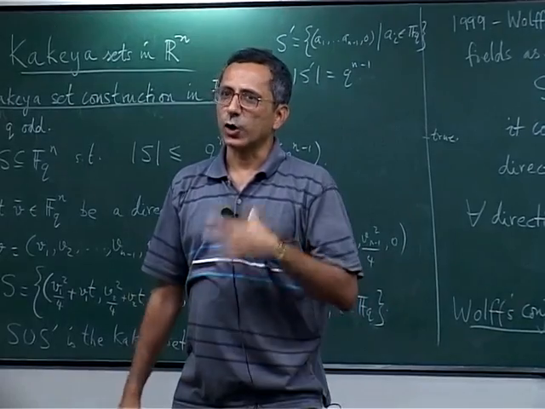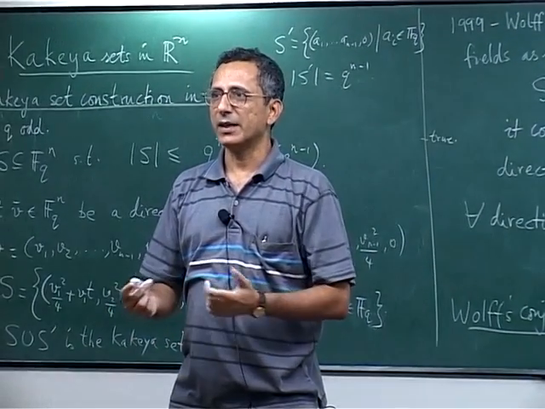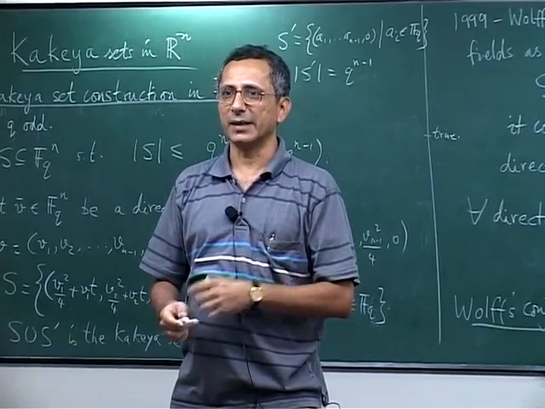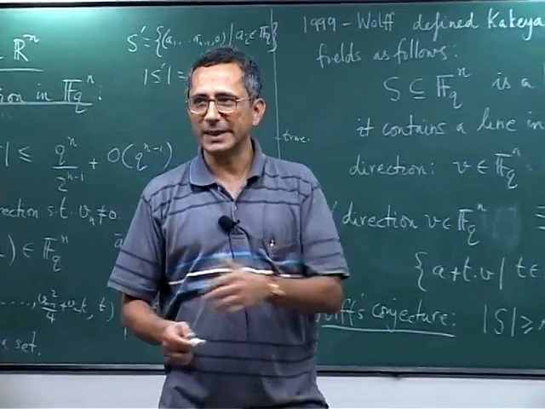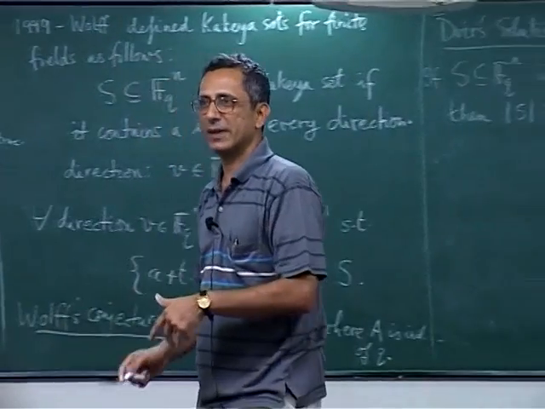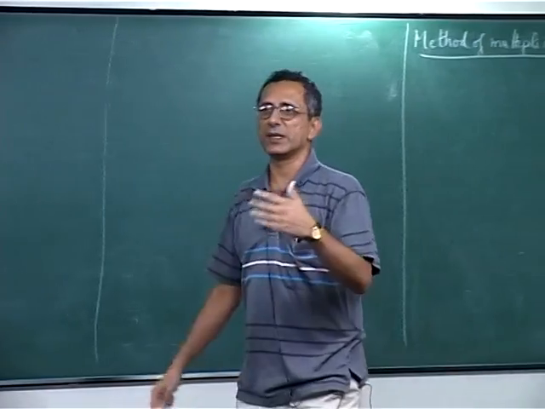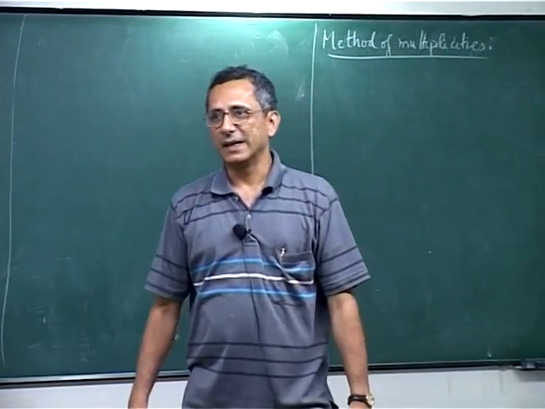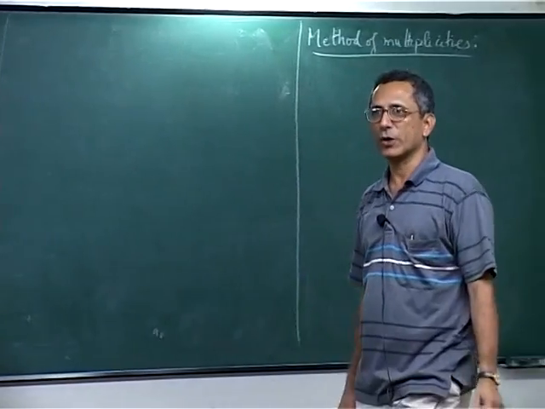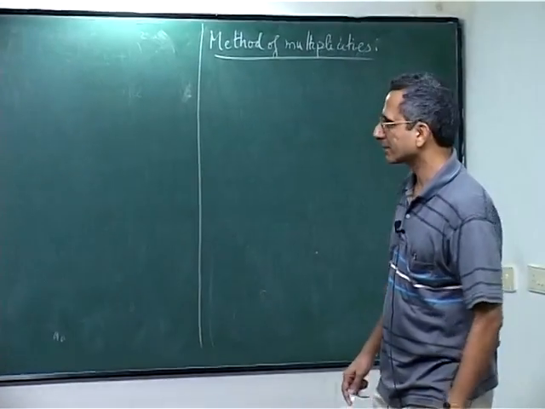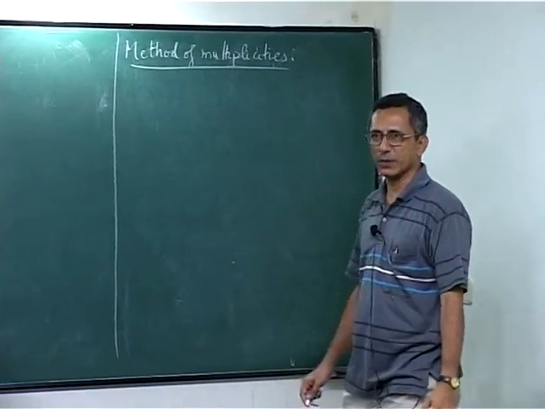But it's also true with multiplicities. If every 0 has multiplicity k and the polynomial has degree d, then I know it can have at most d over k distinct zeros. So if you count the multiplicities as well, then you get a better bound on the number of distinct zeros. You want to use that better, stronger counting argument basically.